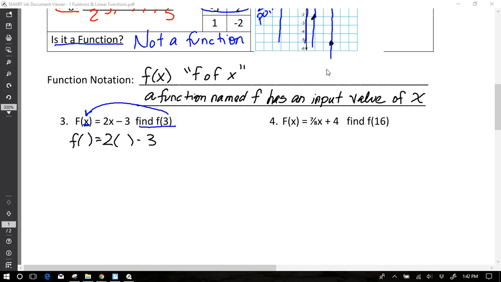And then I'm going to use parentheses. So f of, instead of x, I put a 3, equals 2, and then instead of x, I put a 3, minus 3. Now what I simply need to do is simplify this using my order of operations.